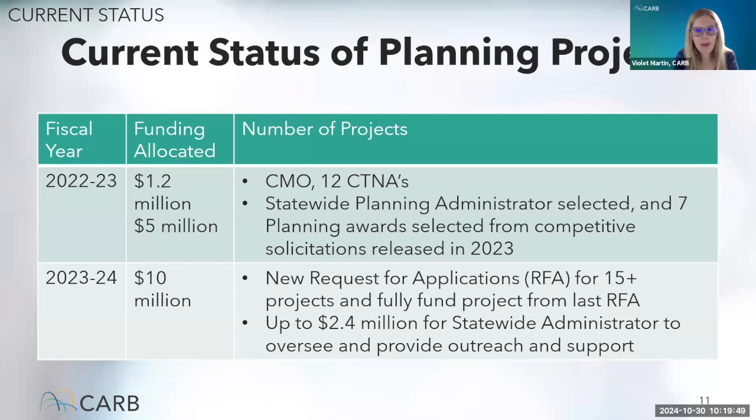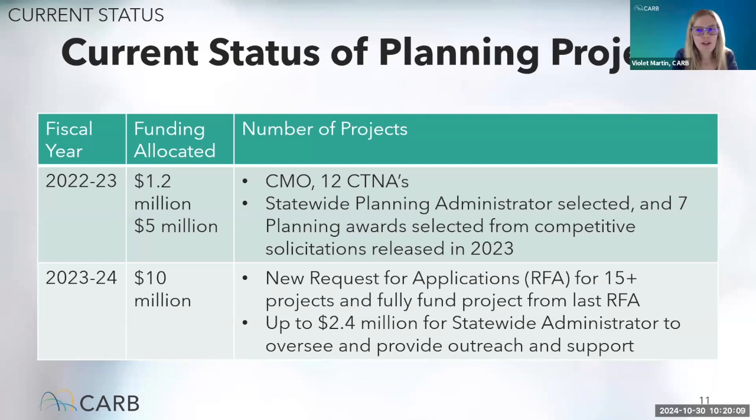So in fiscal year 23-24, CARB allocated an additional $10 million in planning capacity building funding to support dedicated outreach and community capacity building, as well as workforce training and development and other critical needs in communities. The $10 million will support a new request for applications for 15 plus projects.